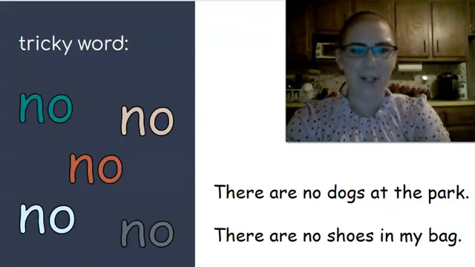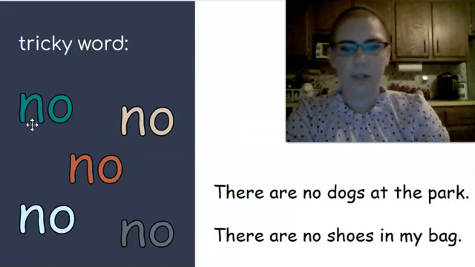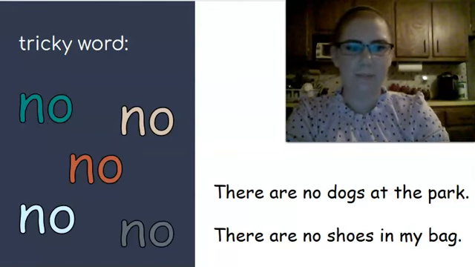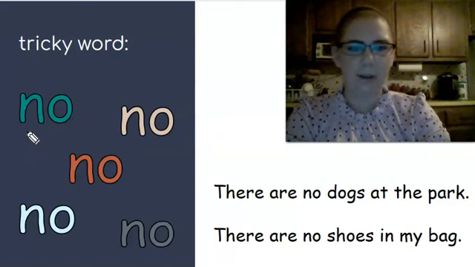The last thing we're going to do is a couple of tricky words. I've got a tricky word here. Do you know what that tricky word is? Let's try sounding it out.